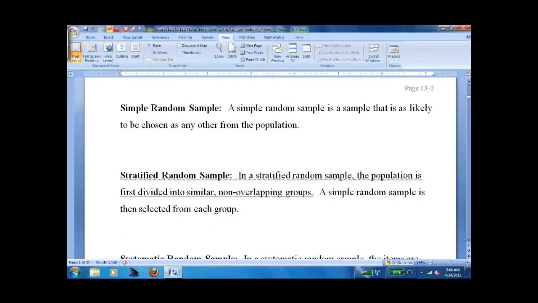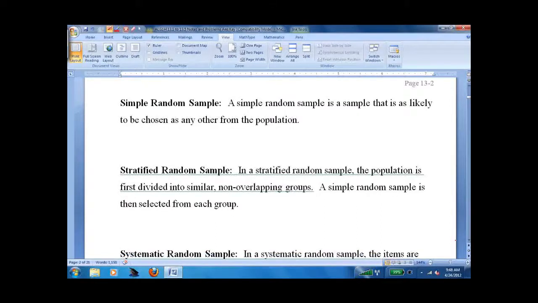And what we're going to add to this are examples, which will help you understand them better. So a simple random sample is just a sample that's as likely to be chosen as any other. So I go into a classroom, I have 25 students. An example would be if I just blindly picked any students.